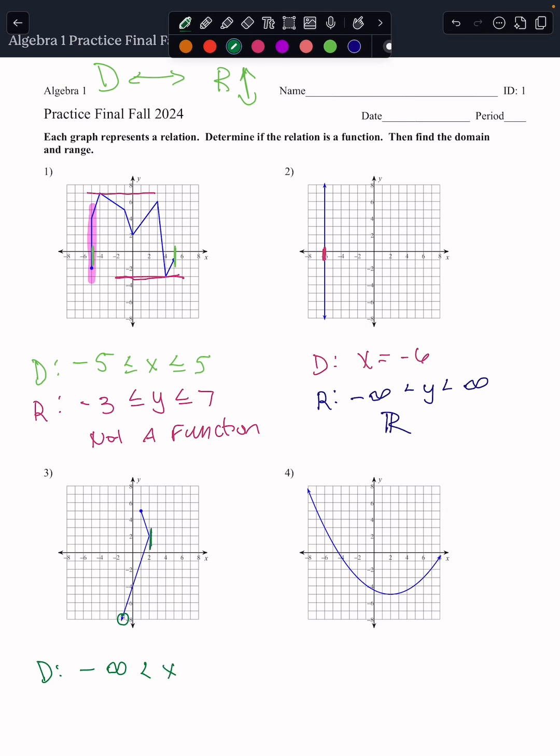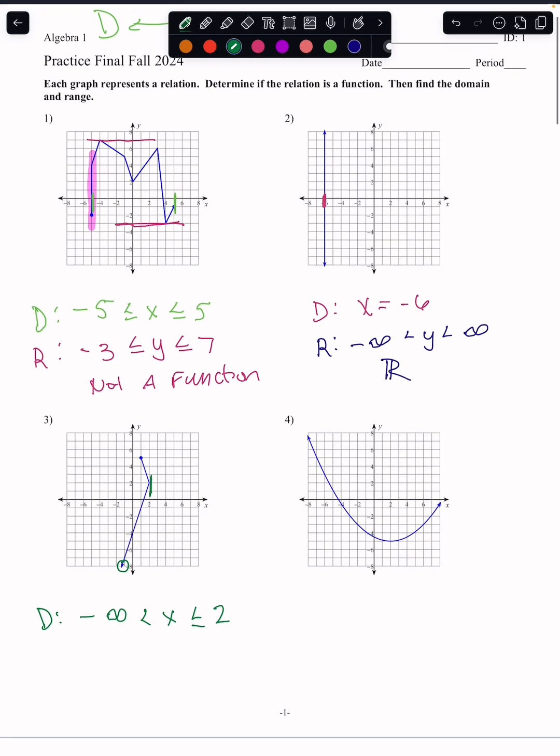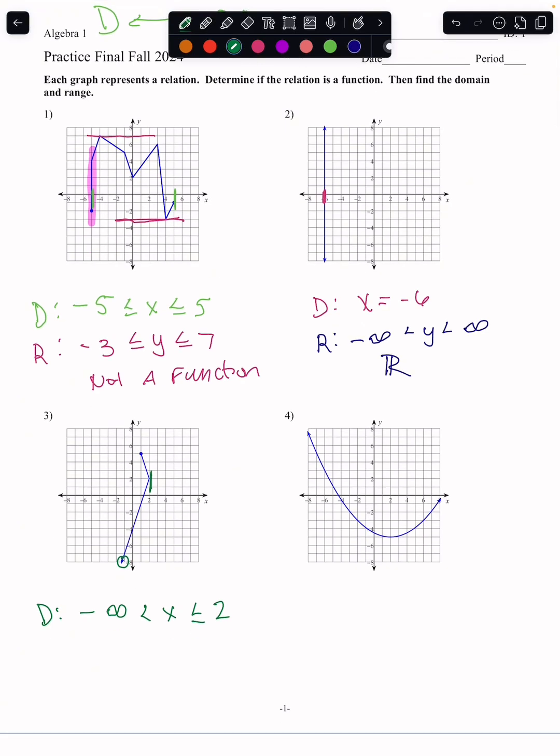So that's a closed, and that's 2 because there's a line there. Okay? But we don't like those infinity, so this has to go away. So my domain is X is less than or equal to 2.